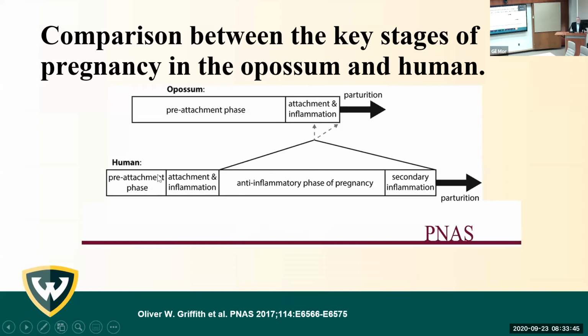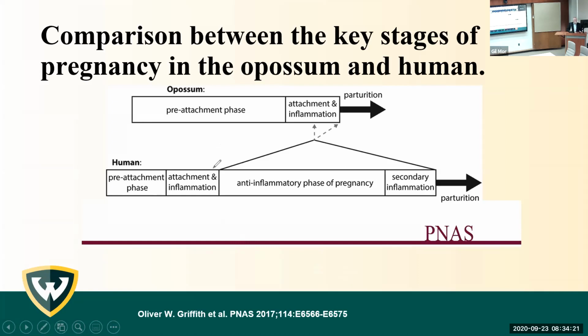So we know, as I mentioned to you yesterday, and I summarized quickly today, there is a pre-attachment phase. There is an attachment inflammation in humans, because it's very similar to the attachment inflammation in the opossum. The difference between the opossum and the human is this phase. There is no anti-inflammatory phase in the opossum.